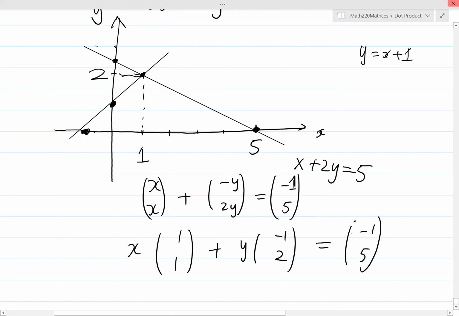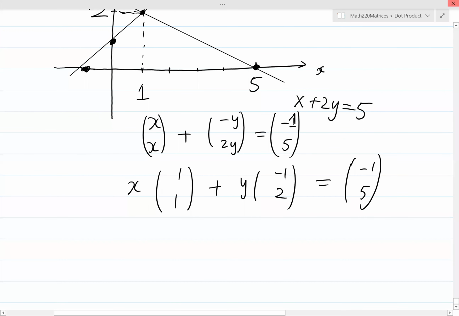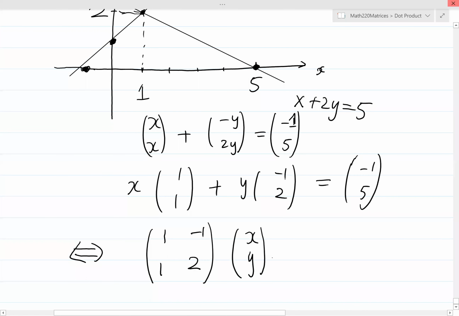So this becomes a vector problem: find what linear combination of these two vectors gives this (-1, 5). Or you write it in matrix notation. The x corresponds to the first column (1, 1), and the y corresponds to the second column (-1, 2), multiplied by (x, y), and this equals (-1, 5).